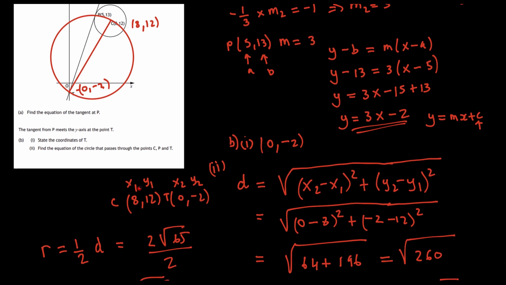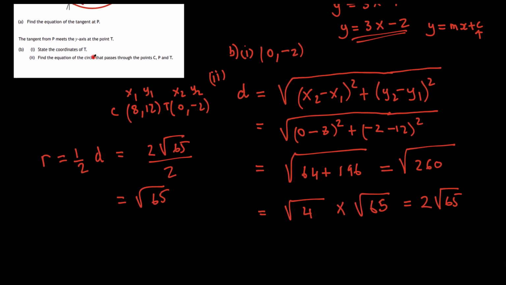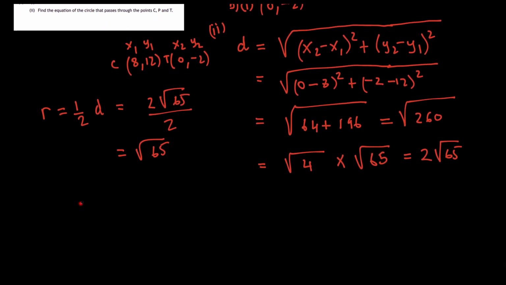Now I need to get the center. The center here will just be the midpoint of points C and T. So we've got C, which is (8, 12), and T, which is (0, minus 2).